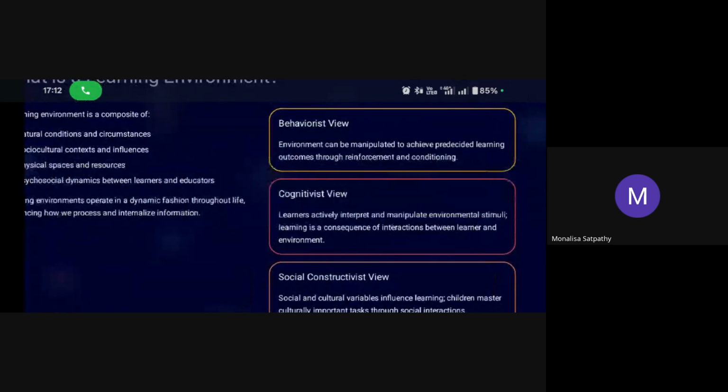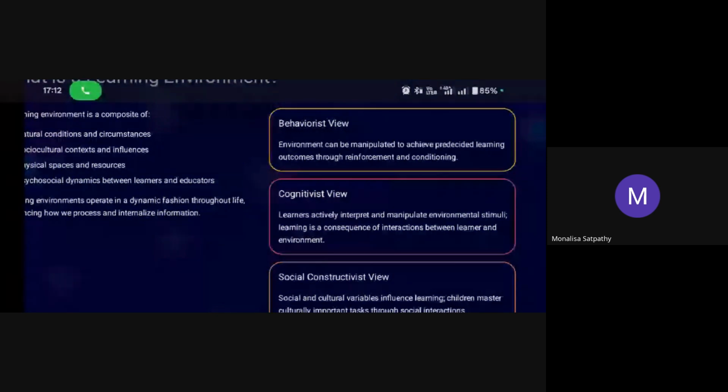So talking about the behavioristic perspective, according to behavioristic psychology, the learning environment can be manipulated and changed as per our situation to achieve the preceding learning outcomes through reinforcement and conditioning. That is the view of behavioristic psychology.